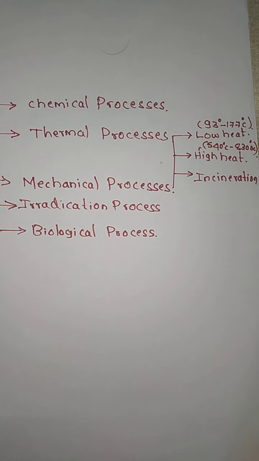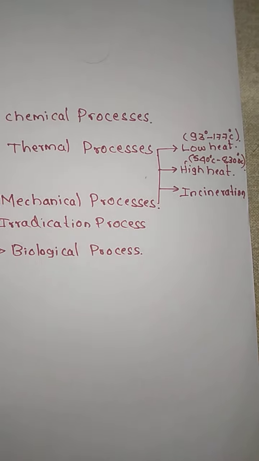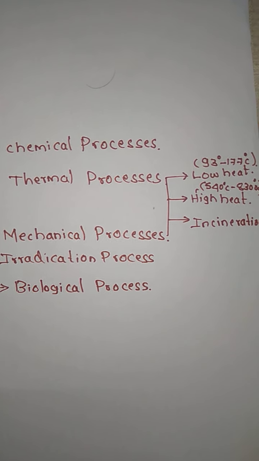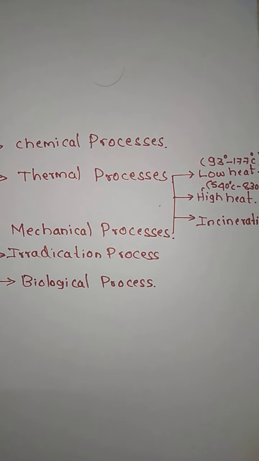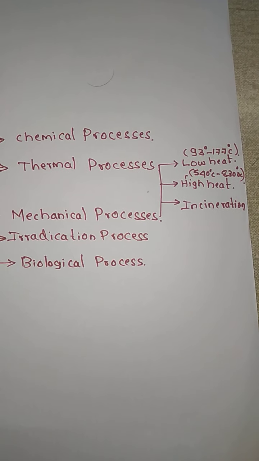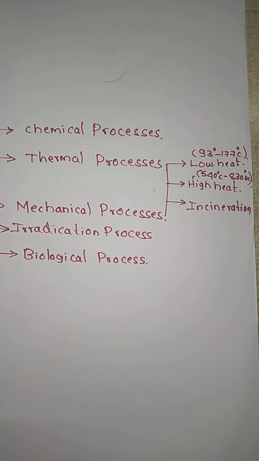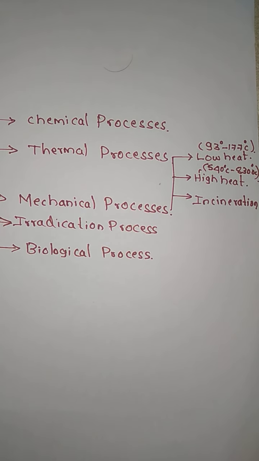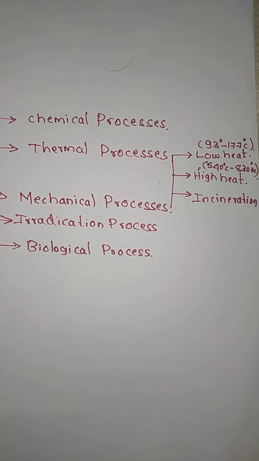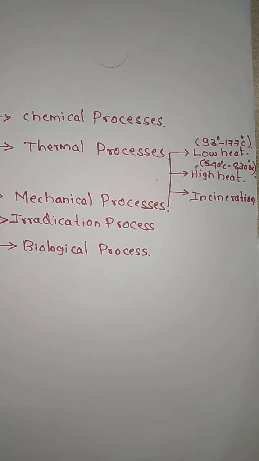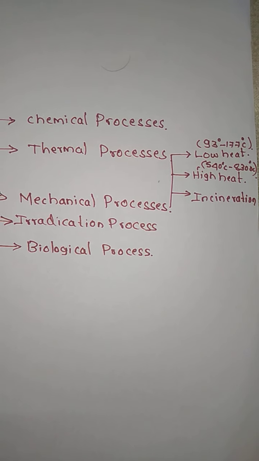Then the next thing we discuss is the eradication process. In the eradication process, we use ultraviolet or ionizing radiation in an enclosed chamber. The systems require post-shredding to render the waste unrecognizable.